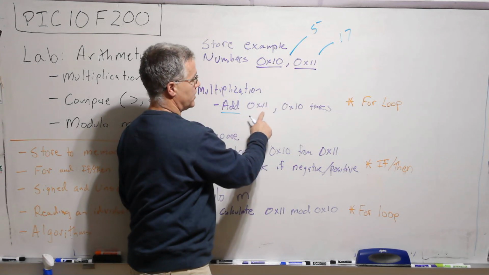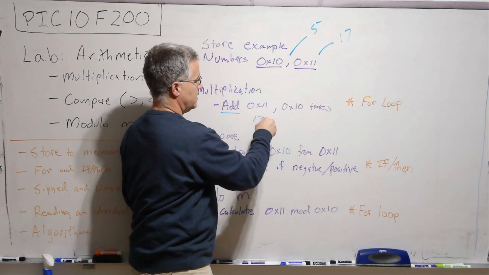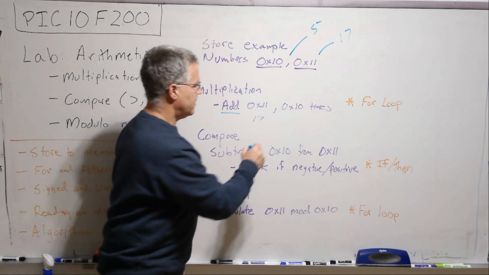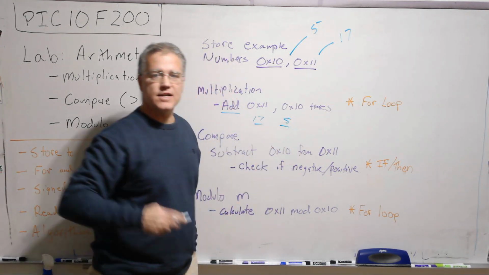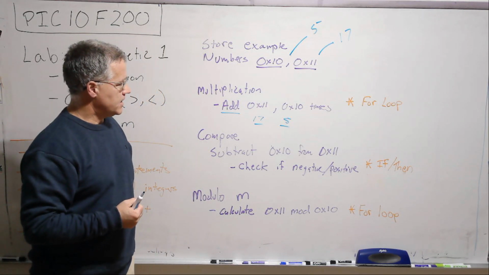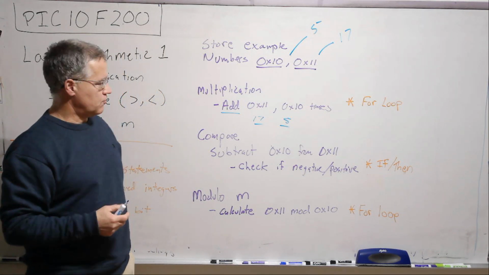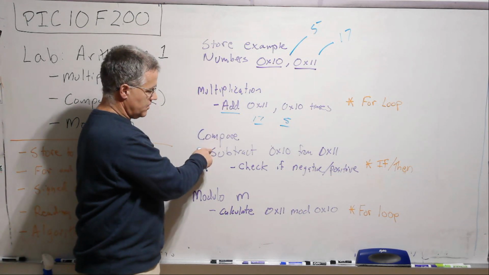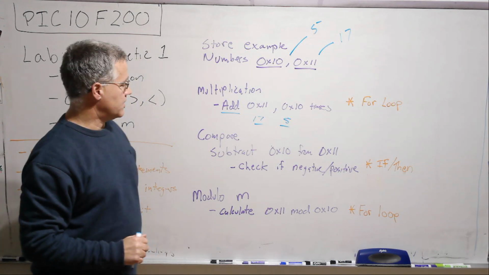If we're storing 17 in here, then we will take 17 and add it to itself 5 times. So we have to run through a loop, basically a for loop type structure. Then after this is done, we'll drop into a comparison.